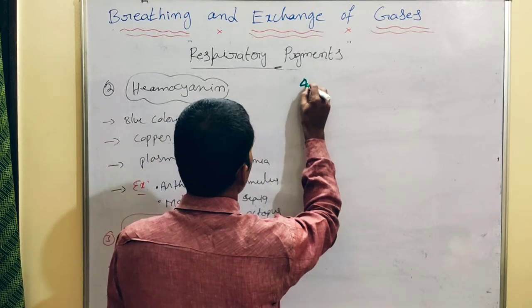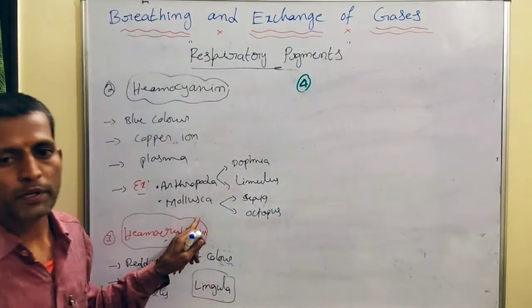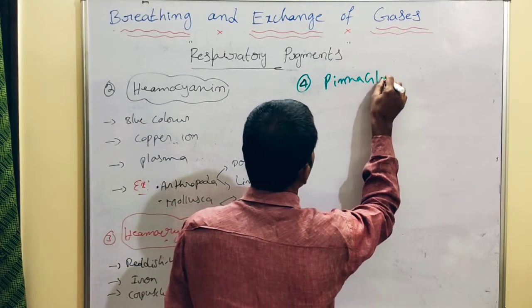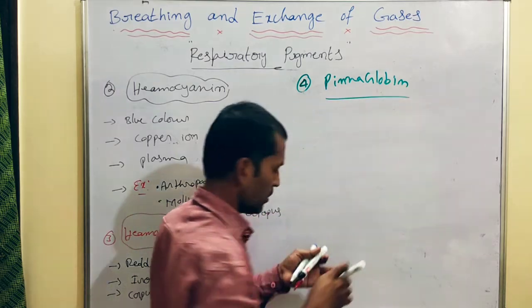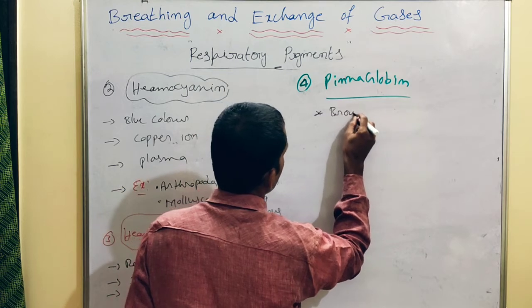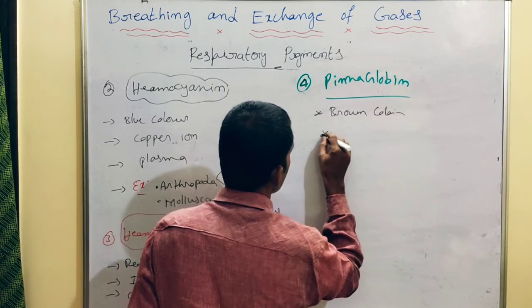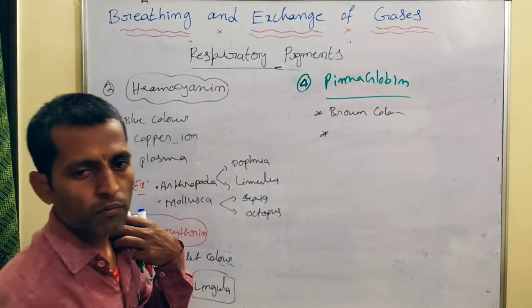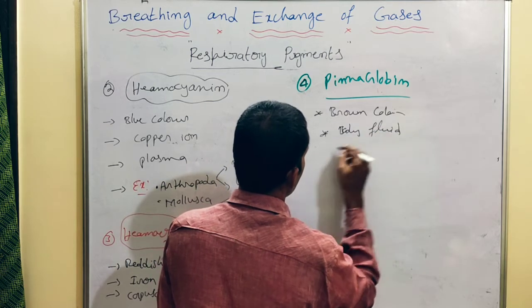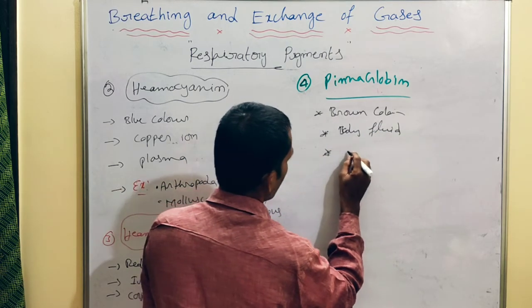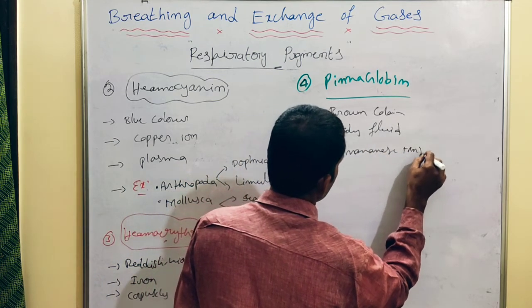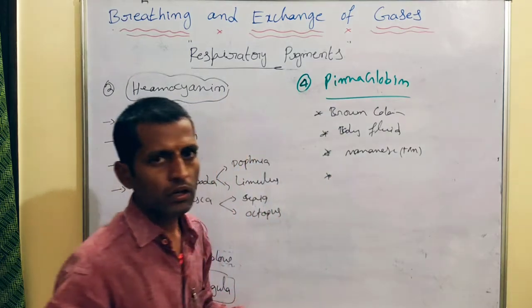Then come to the fourth respiratory pigment. This pigment is brown in color. It is also found in body fluid, having manganese as a metal ion.